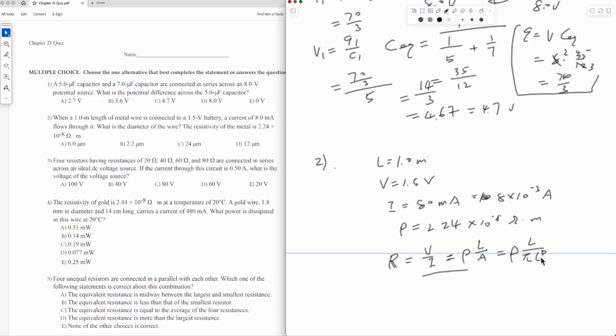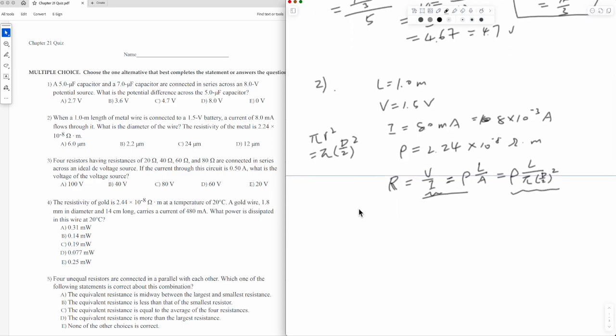So d over 2 square. So for the circle, area is pi r square, also equal to pi d over 2 square. Okay, so from this equation, you see V over I equal to this. Looking for diameter, right?